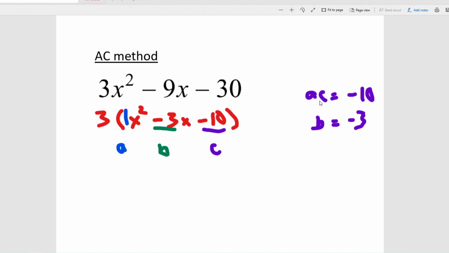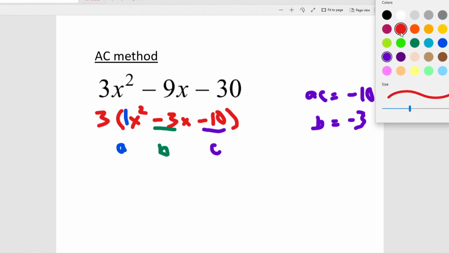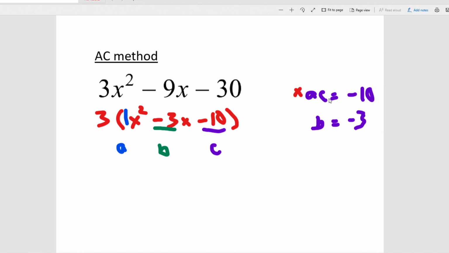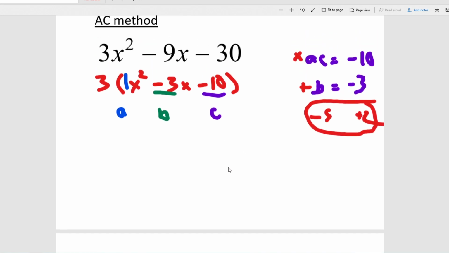So I have to find two numbers that multiply to negative 10 and add to B. I can make a list to find those two numbers, and eventually you'll come up with negative 5 and positive 2. That's not my answer, but it does help me factor this.